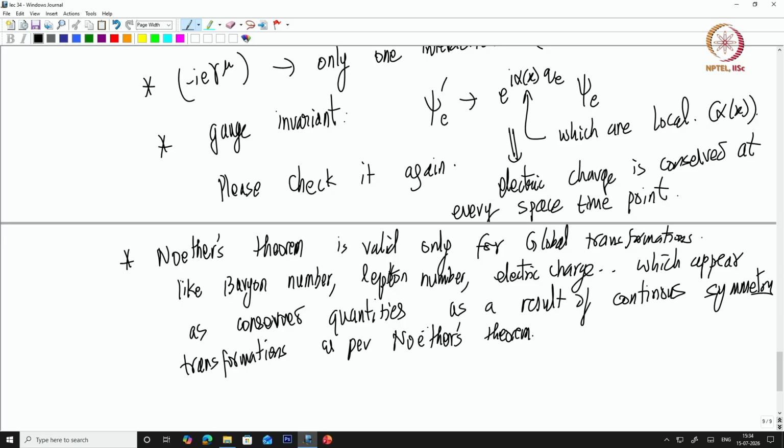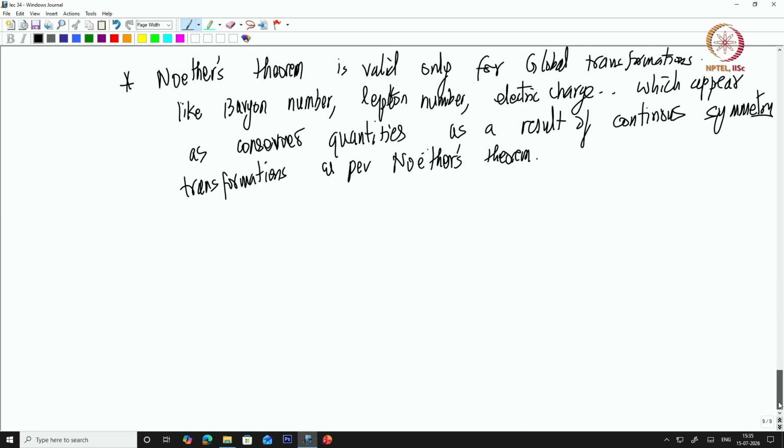But the subtlety is that we are moving beyond global transformations. Here in QED we have local gauge transformations, so you cannot really apply Noether's theorem in the same way.